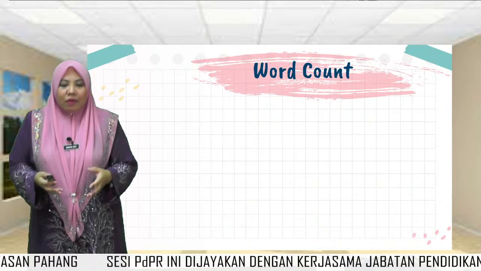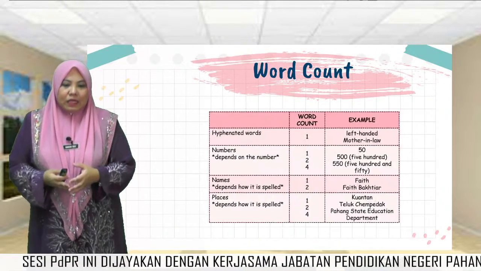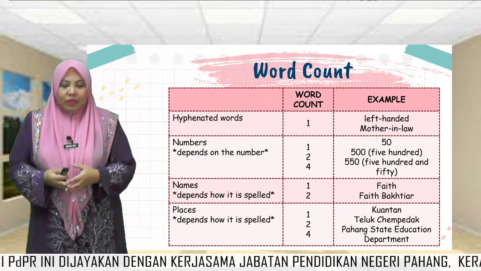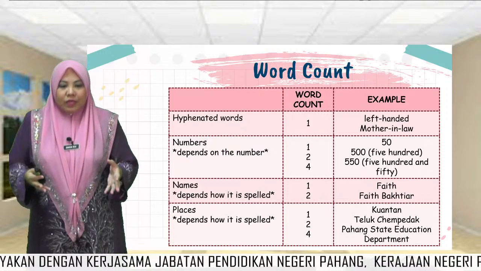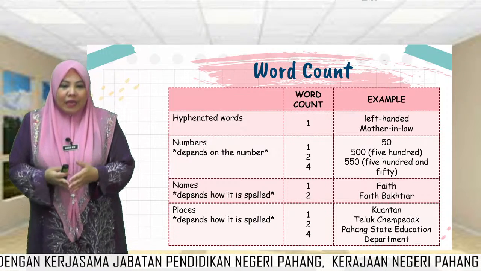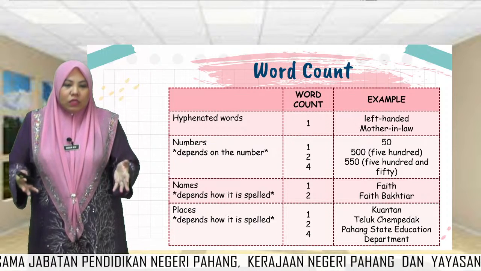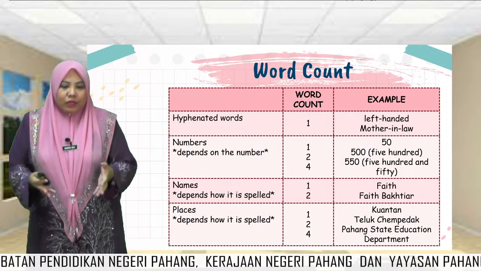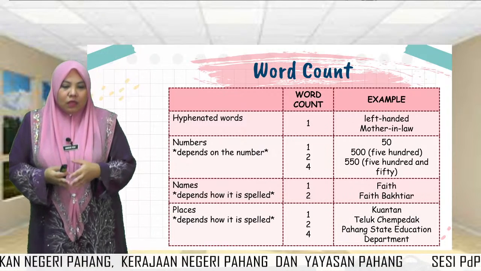To help you count the words, these are some guides in indicating the word count in your summary. Number 1, for hyphenated words like left-handed and mother-in-law, this is considered as one word. As long as the hyphen is written.